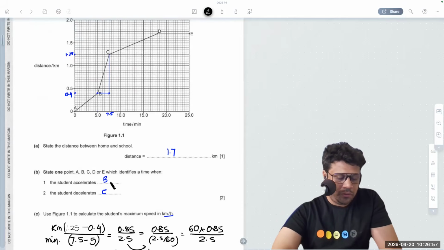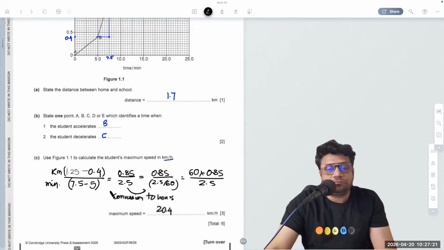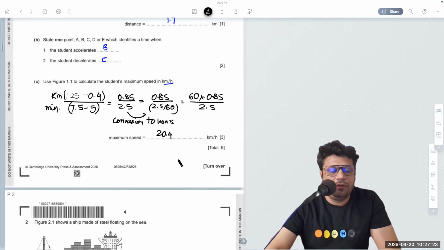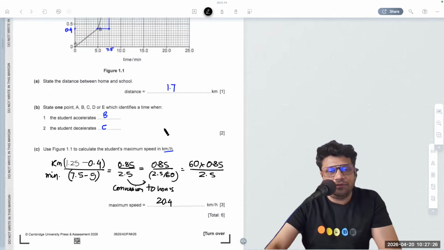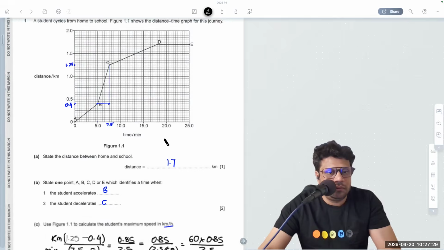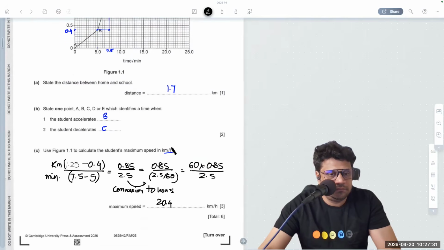Okay. 60 into 0.85 divided by 2.5 is 20.4. Okay, 20.4, that happens to be the speed here.